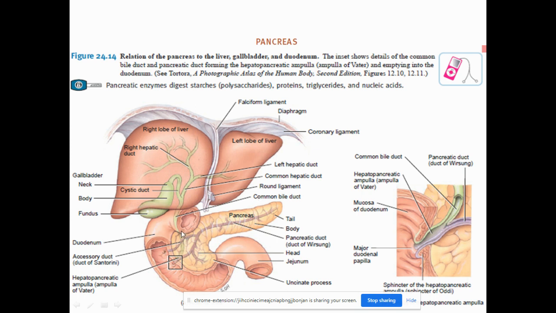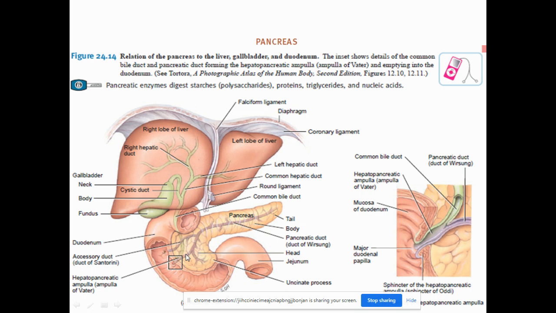Now here you can see this green colored common bile duct combines with the pancreatic duct, which has already joined with the accessory duct. Together, the green colored common bile duct and the pancreatic duct join to form the hepatopancreatic duct.